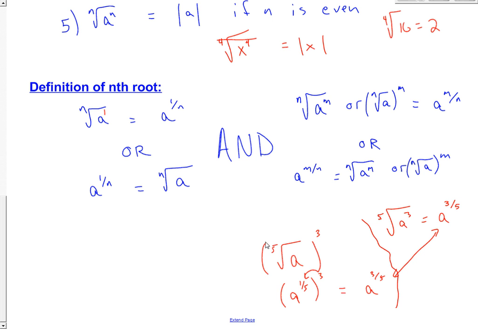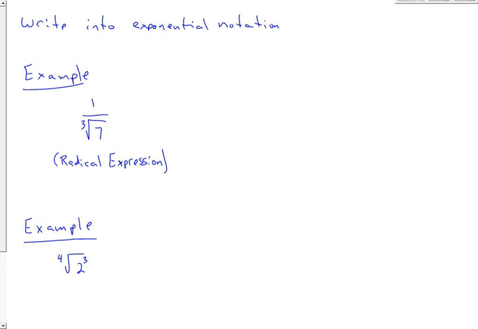Okay, let's look at some examples. We want to write these into exponential notation. If we have an example here of 1 over the cube root of 7, I can rewrite that as 1 over 7 to the 1/3. And because the exponent is in the denominator, I could write this without being a fraction as 7 to the negative 1/3.